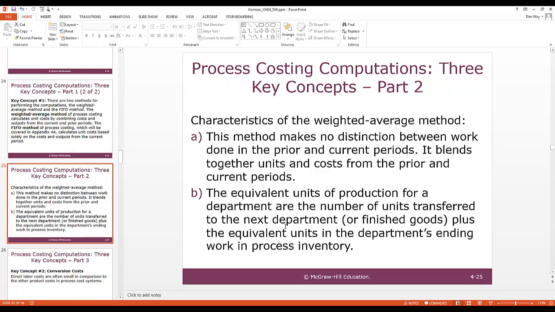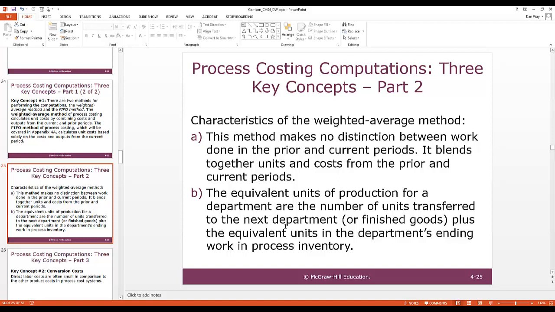So characteristics of the weighted average method. Well, part A here, this method doesn't make a distinction between work done in the prior and current periods, or kind of throws everything together. So it blends units and costs from, again, prior and current periods, things that are still kicking around from any point in the past.